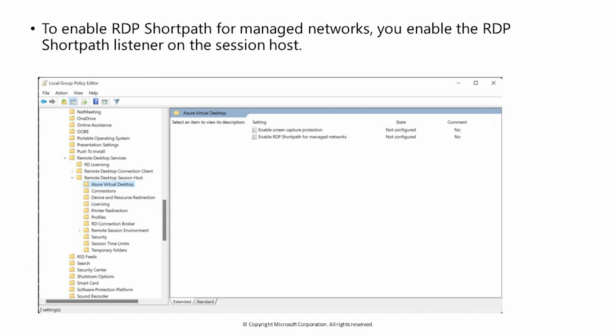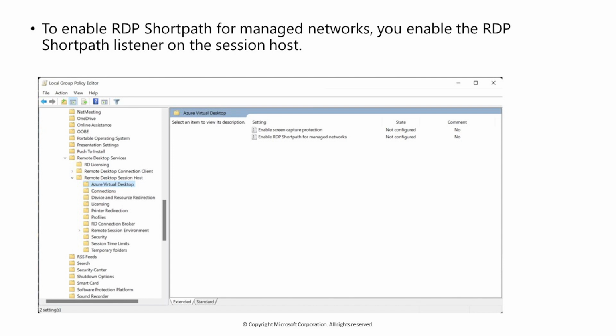Within your group policy, there is an administrative template for Azure Virtual Desktop, and that particular template is referred to as the AVD GPO template ADMX files. These are basically administrative templates. If you have that administrative template configured in your group policy, from there itself you can simply configure and enable RDP Short Path for the managed networks as well.